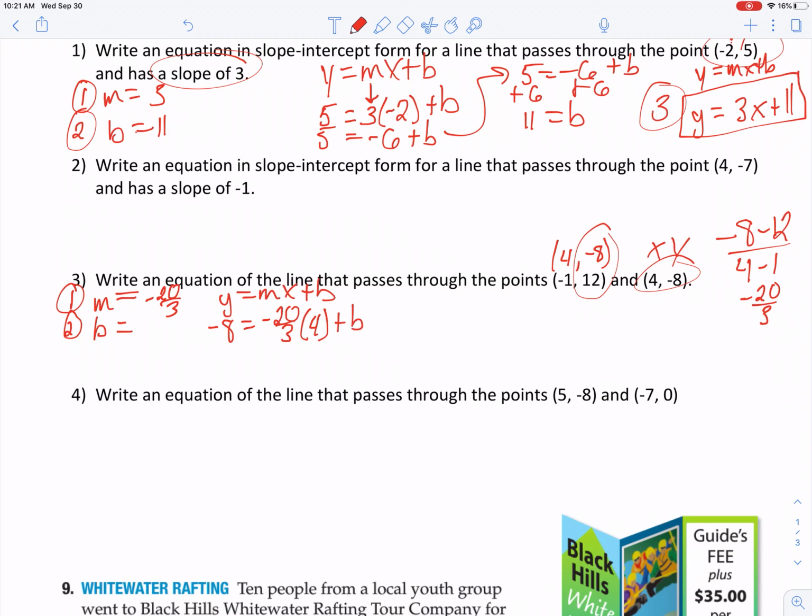I don't know what b is. So next what I got to do, I'm probably going to use my calculator here, get -20 thirds times 4. And what I'm going to want to do is simplify that, and I want it to be an improper fraction. So it looks like -80 thirds.